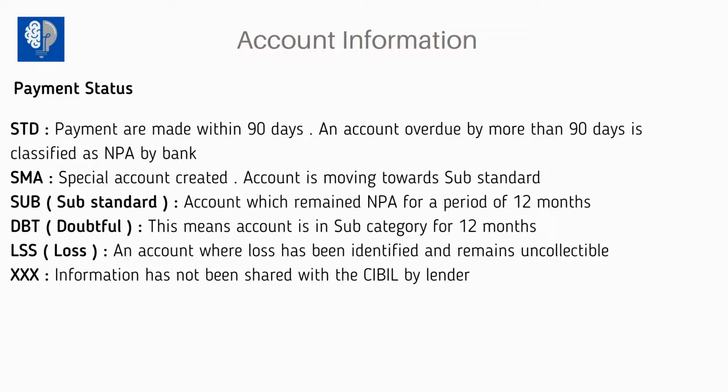DBT is doubtful. This means that it was in the substandard category, which means it is an NPA, and it remains in that category for another 12 months. Next is LSS, which is loss, which means that the account is a default and the money can't come back. So this is the field which means loss.